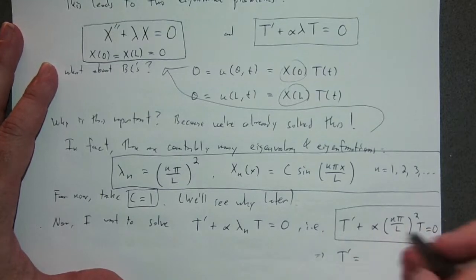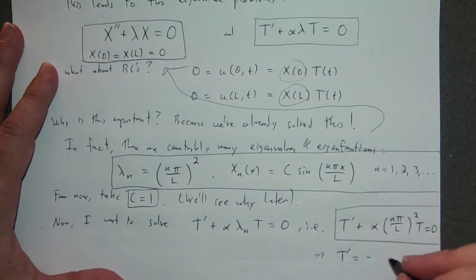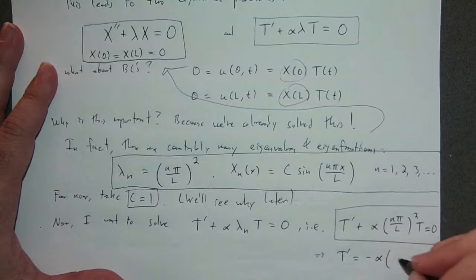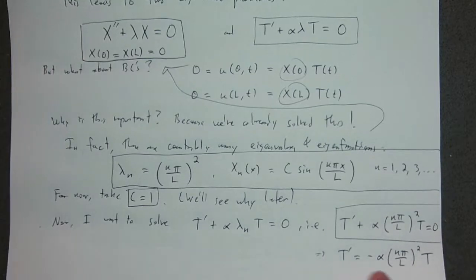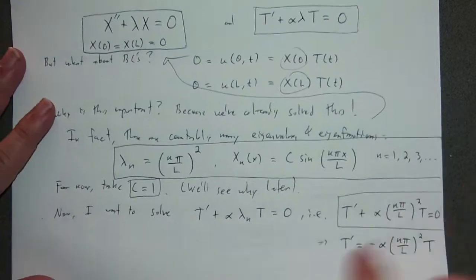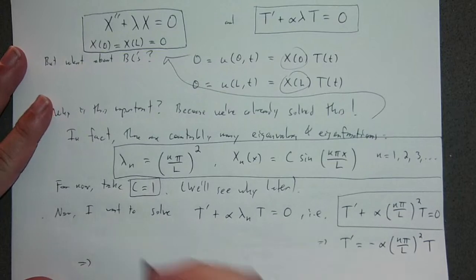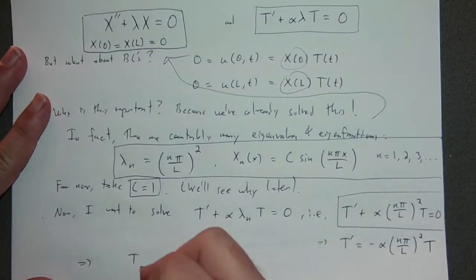So this is t prime is equal to like minus alpha n pi over L squared times t. So I seek an unknown function t such that its derivative is this constant times itself. Well, we know exactly what kind of function that is. So the solution for a particular n is the following.